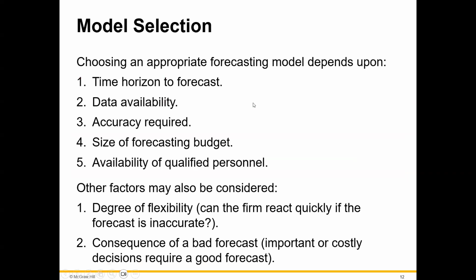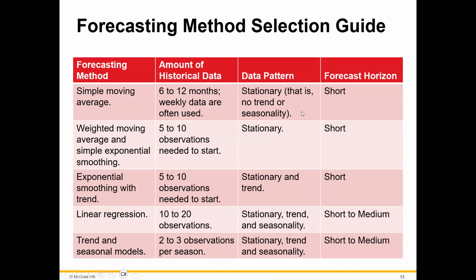Okay. So we need to choose an appropriate forecasting model, and that depends on the horizon that we're trying to forecast, the data availability, how much accuracy is required, the size of our forecasting budget, and the availability of qualified personnel. Here's a quick table that talks about some of the different forecasting methods and what's actually included in those methods.